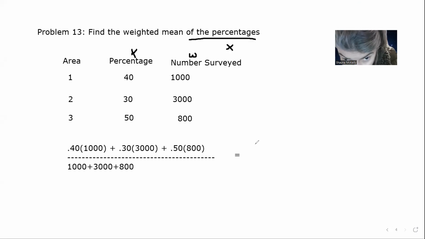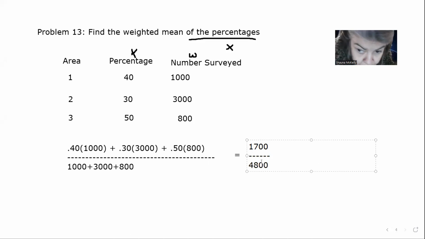1,700 divided by the weights, which is the sum of the weights, which if you add those up is 4,800.